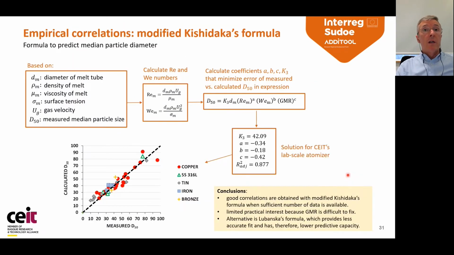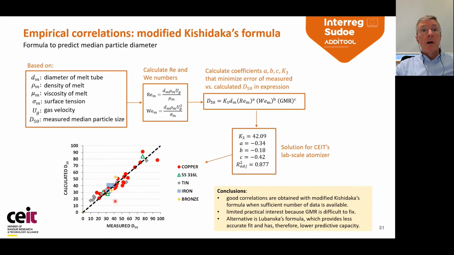I will not get into details. I just want to mention that there are formulas to predict median particle diameter. A very well-known formula is called Lubanska's formula, but we believe at Fate that Kishidaka's formula has a much better prediction capacity, and basically based on parameters like density, viscosity, surface tension, etc., you can predict quite well what the median particle size will be.